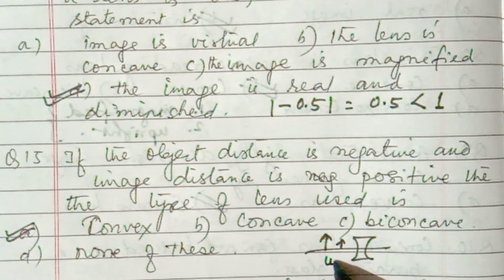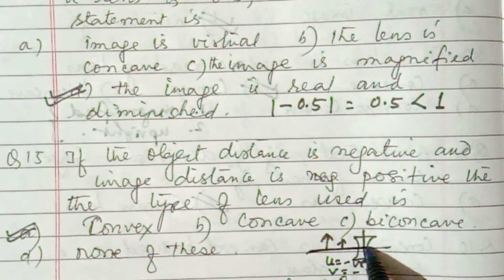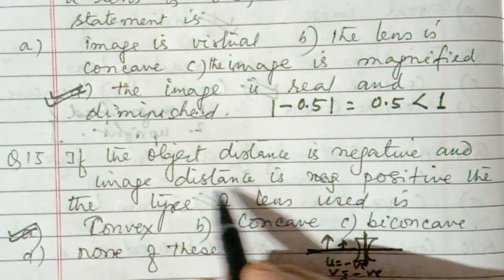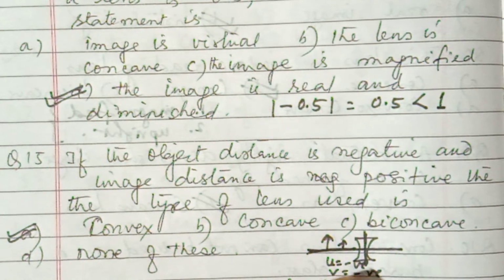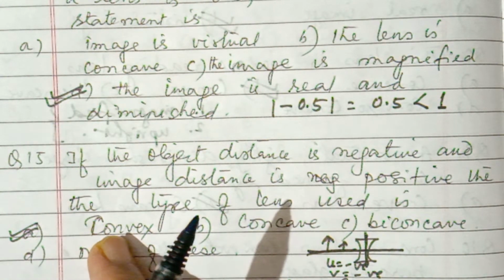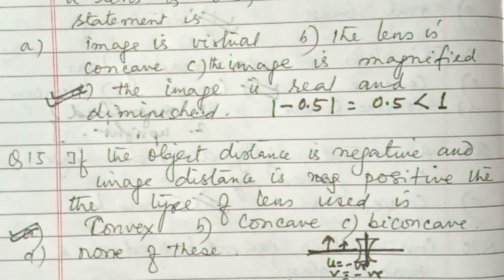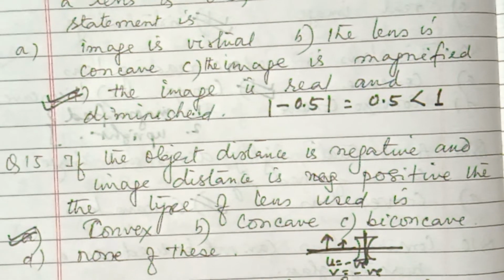So u is negative, v is also negative, so it is on the negative side. You can compare with the coordinate axis, x-axis, y-axis. So this is the negative side, so always virtual. Here image distance is positive, so it cannot be concave, so it must be convex, and convex forms images on the other side, real images. So that way you can find out the correct answer for this question.